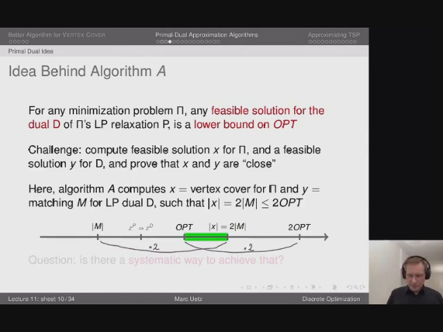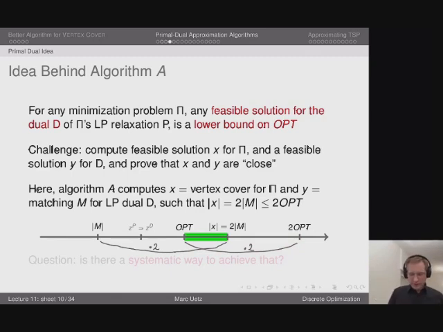Because we are computing a feasible vertex cover, that gives us that the solution value of the vertex cover, so twice the size of the matching, lies here. And of course, the fact that this value is a factor 2 away from this lower bound M here also shows that the solution that we compute is within this range, so at most a factor 2 away from the optimum solution value.